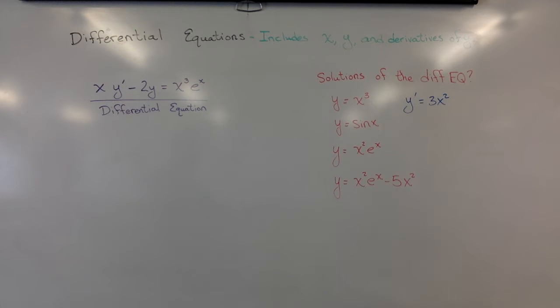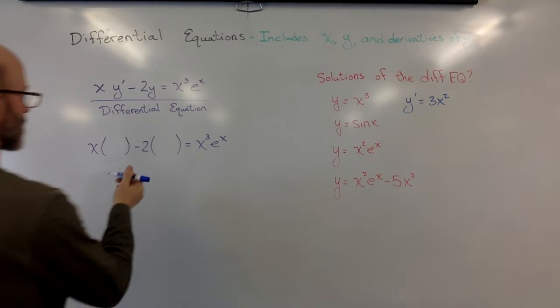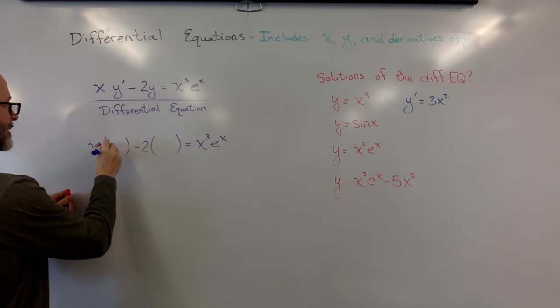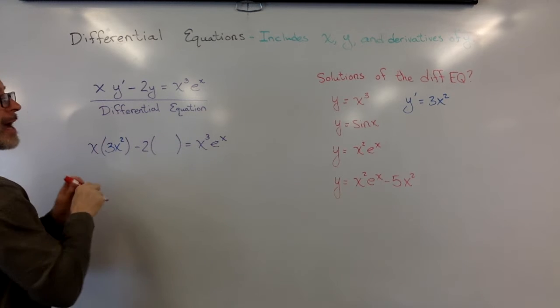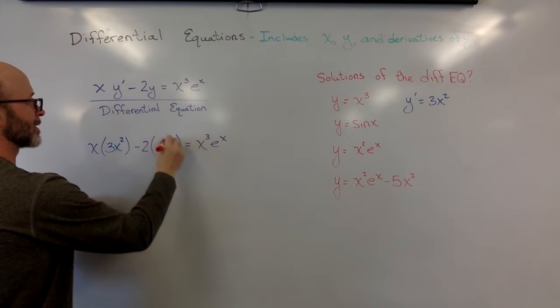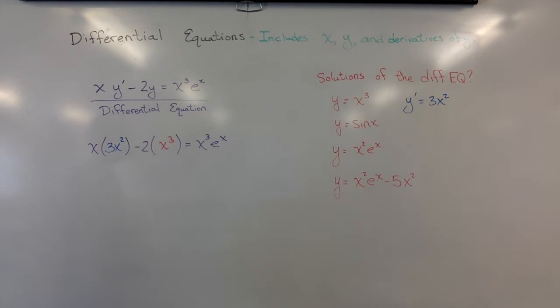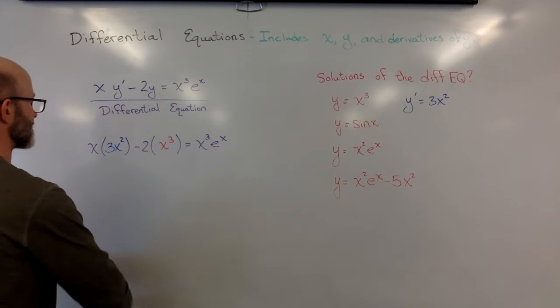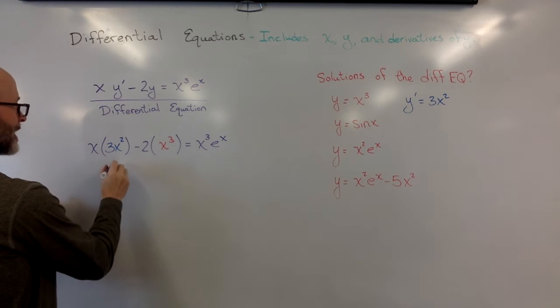All we need to do is go to your differential equation and just substitute in y and y prime everywhere they present themselves. So right here we have the equation. I know that y prime is 3x squared. I know that y was equal to x cubed. Is this a true statement? Is it the exact same on the left-hand side as it is on the right-hand side?